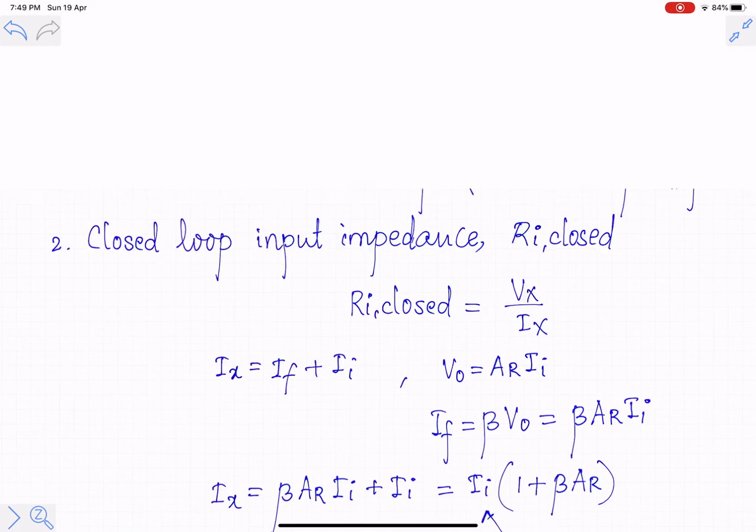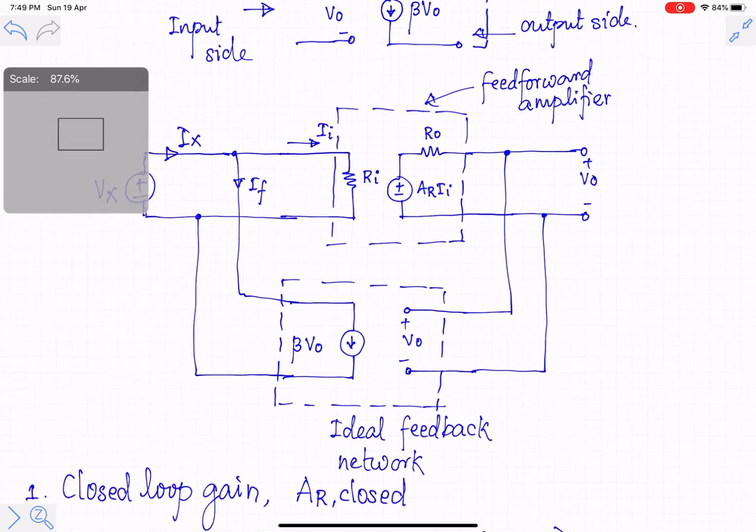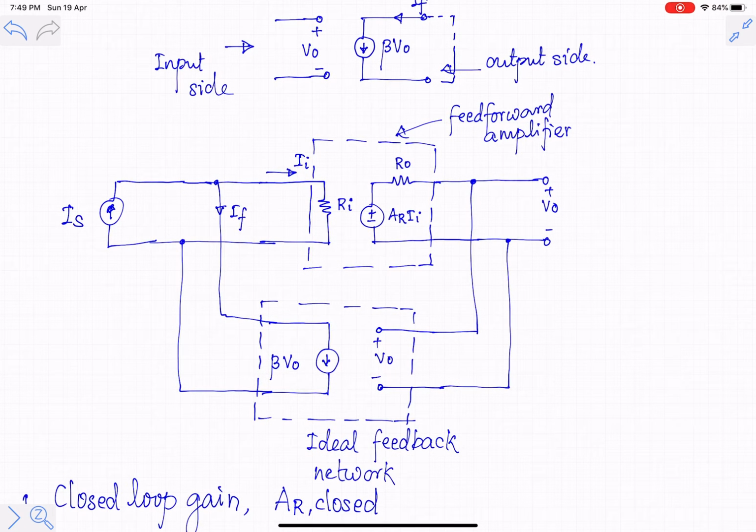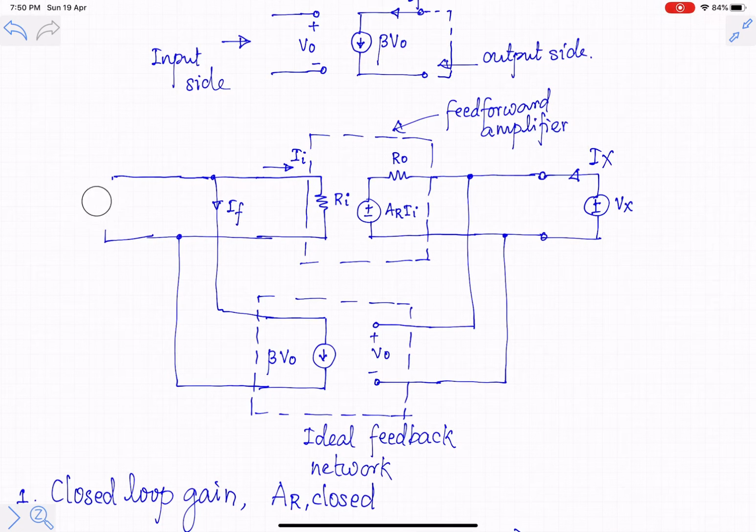Now in the original circuit this was the current source, this was IS. In order to find out the output impedance, we should connect on the output side a known voltage source Vx, and find out what is the current Ix drawn from it. For that, the input signal should be made 0. As it is a current source, it should be open circuited.